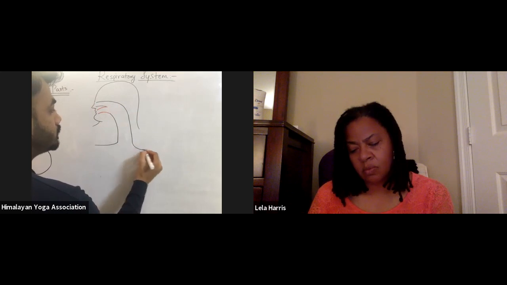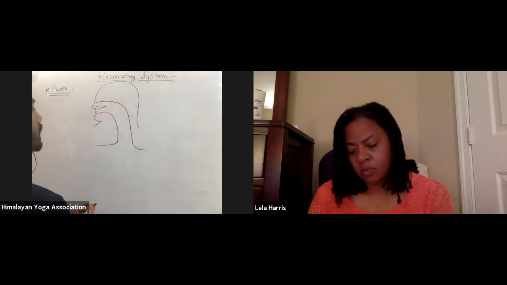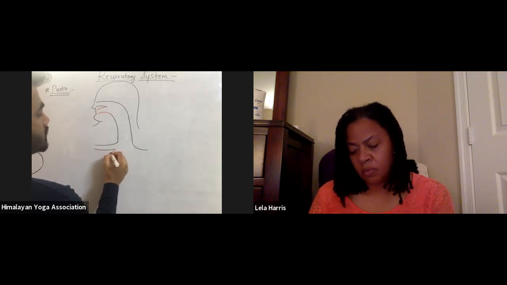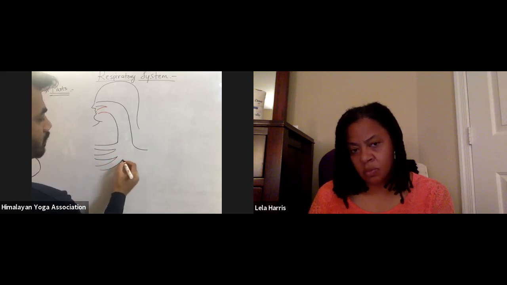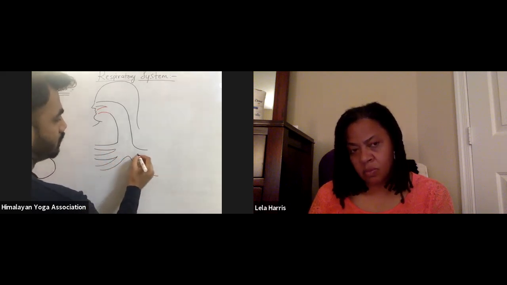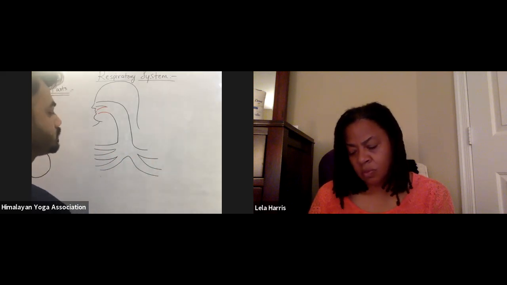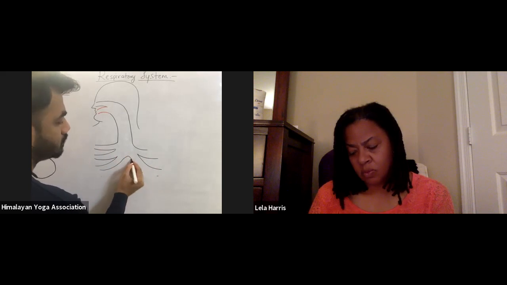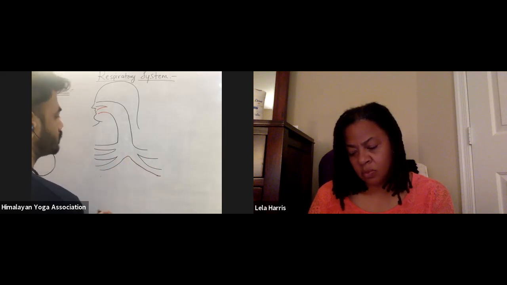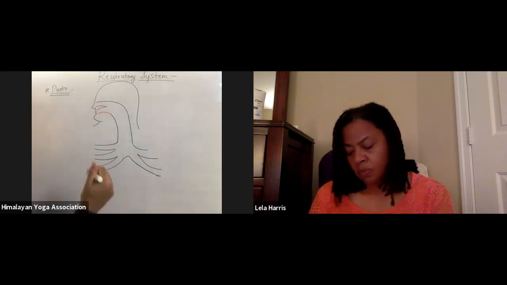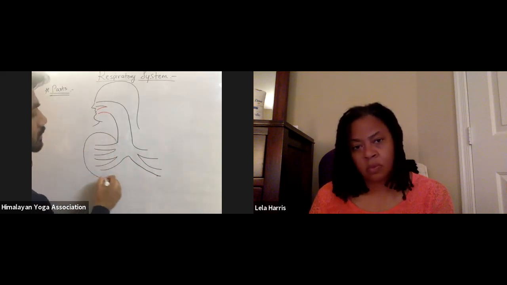Here we see the windpipe, that is our trachea. To this trachea, you will see the branches of the trachea. So you have it here, the lung.